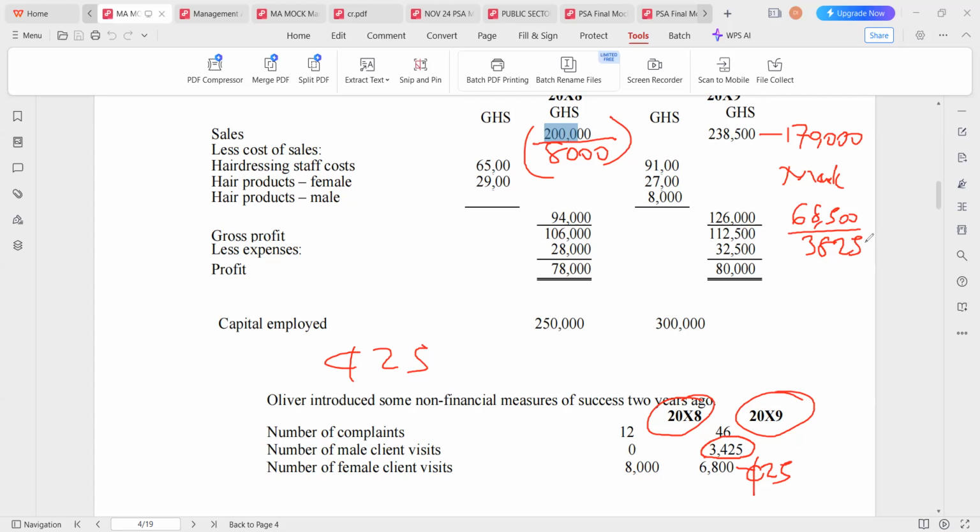So please, what do you get? It's 17.91. Good. So 17.91 is the price. You're done.